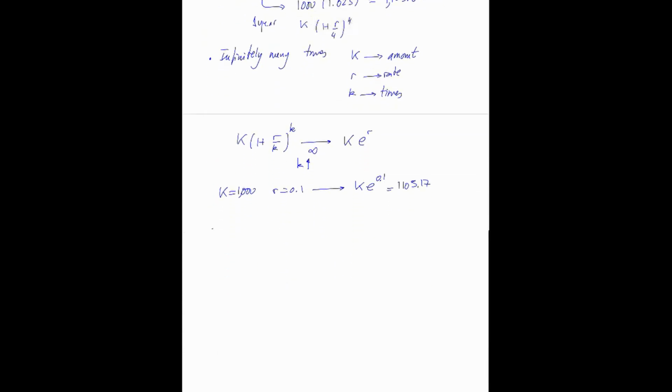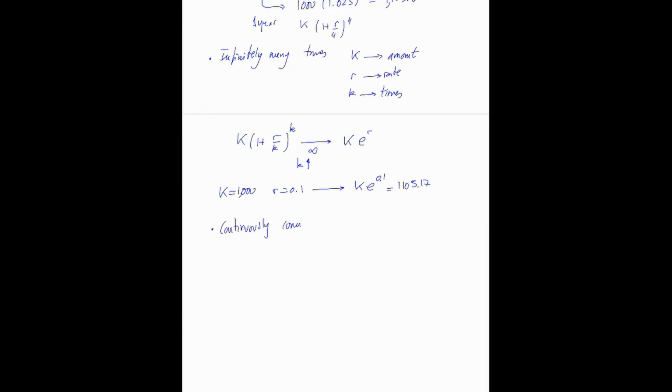For example, if K were 1,000 and the rate is 0.1, at the end of 1 year, you get K times e to the 0.1, assuming you could invest the money every second, no, every millisecond, no, every smallest amount of time possible, and the investment gets reinvested. How much is that equal to? This is equal to 1,105.17 approximately.